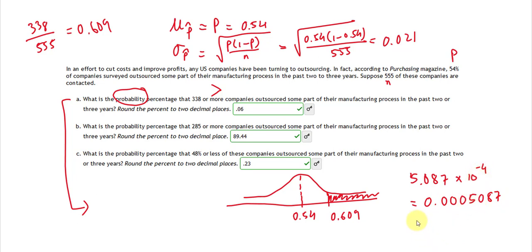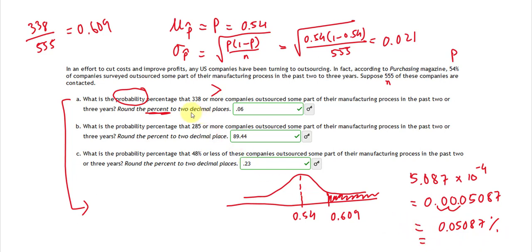Remember, they ask you to display this answer as a percentage. This is in decimal, so to convert it to a percentage you move the decimal point 2 places to the right, giving 0.05087%.